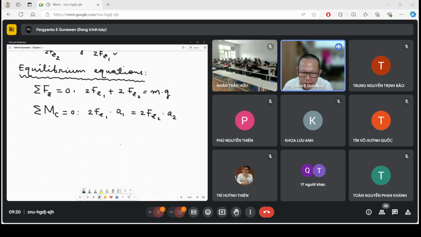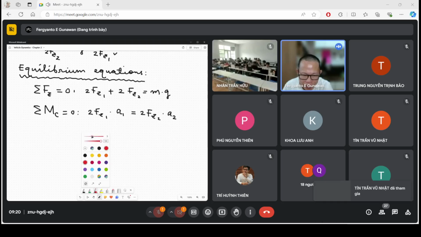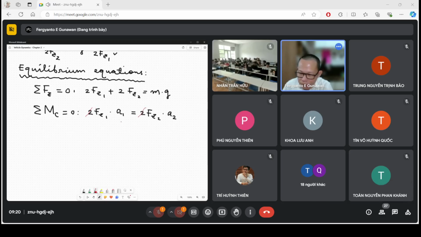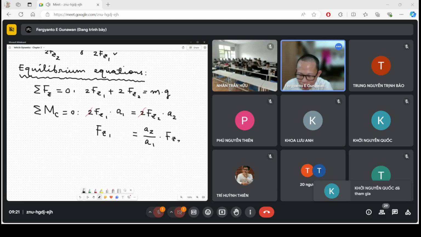So it's very simple to see from here that we can simplify this. I'm going to use this red one here. It's easy to see that we can cross out the 2, it's not that complicated, and we can reduce this to Fz1 equals a2 divided by a1 multiplied by Fz2, right?